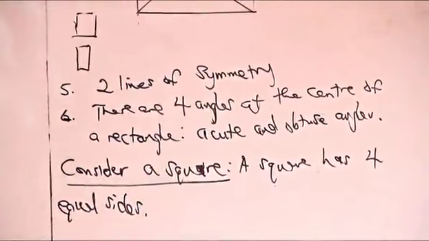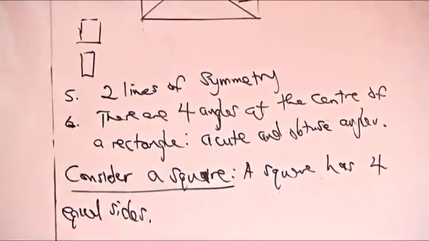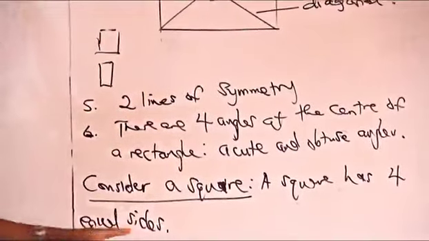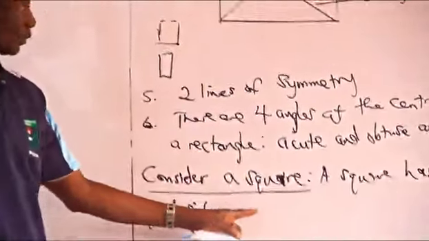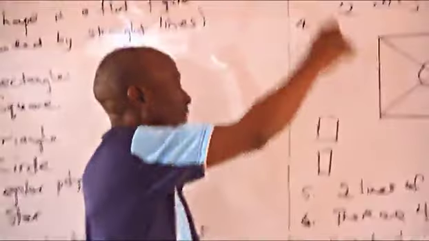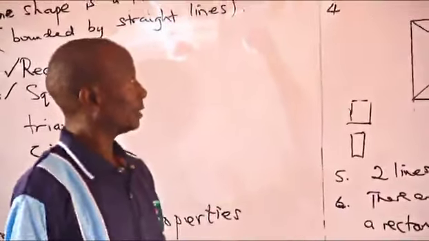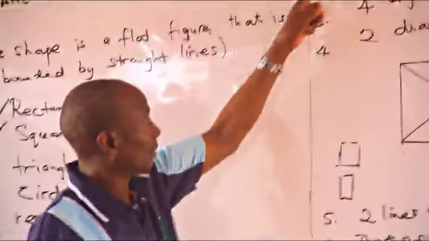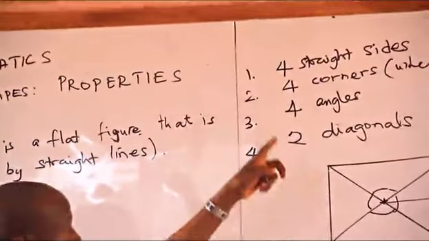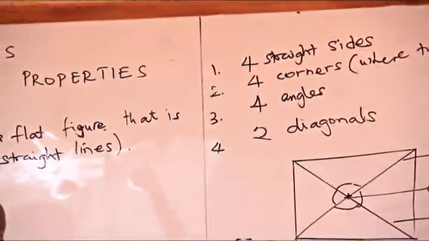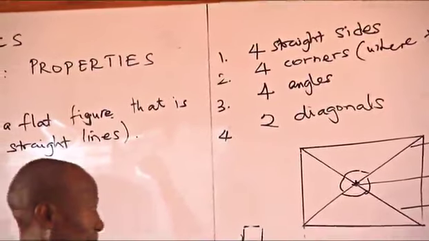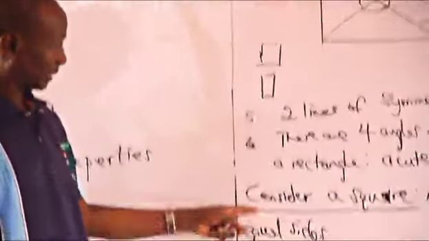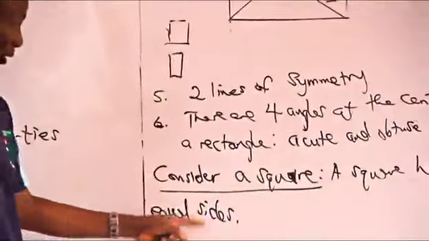A square has 4 equal sides. Now all the other parts of the square go with the rectangle. We're going to have 4 straight sides, 4 corners, 4 angles, 2 diagonals, and 2 lines of symmetry. But what will make it different is that a square has 4 equal sides.